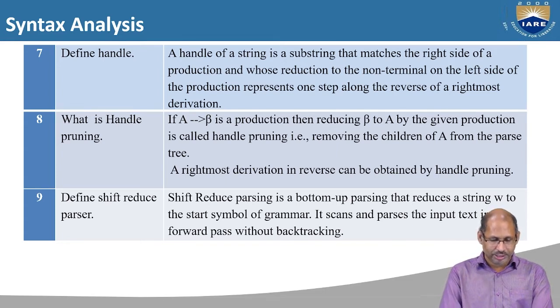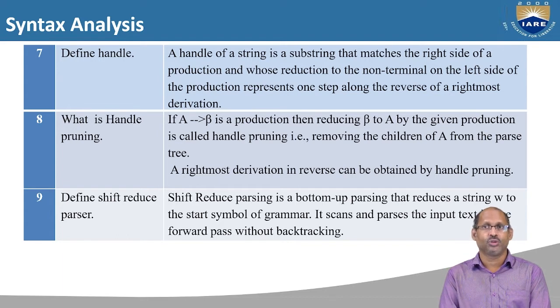Define shift reduce parsing. Shift reduce parsing is a bottom-up parsing method that reduces a string w to the start symbol of a grammar. It scans and parses the input text in one forward pass without backtracking.